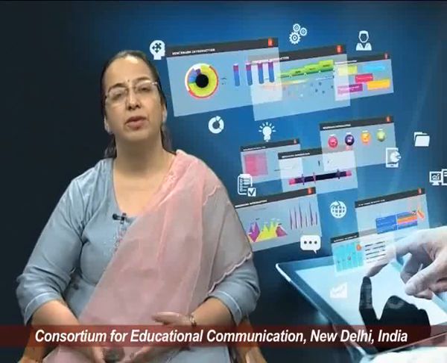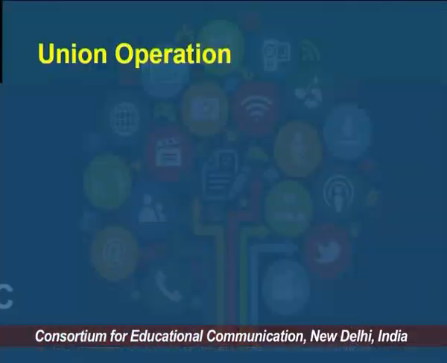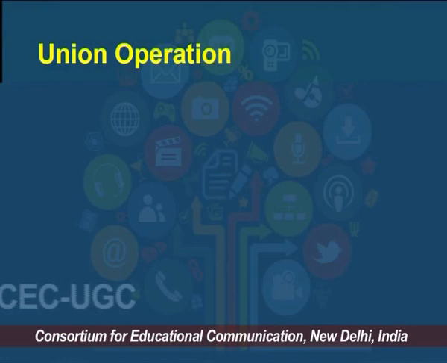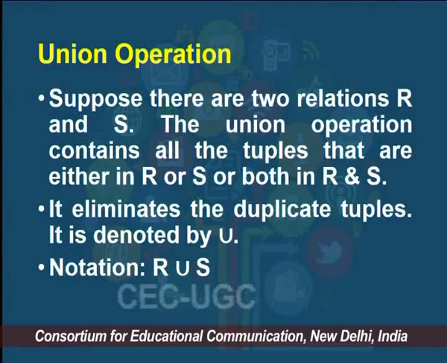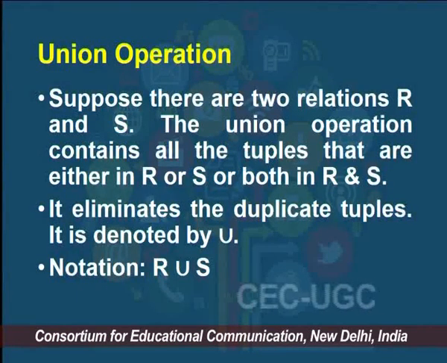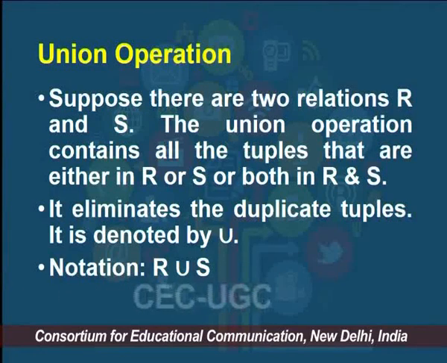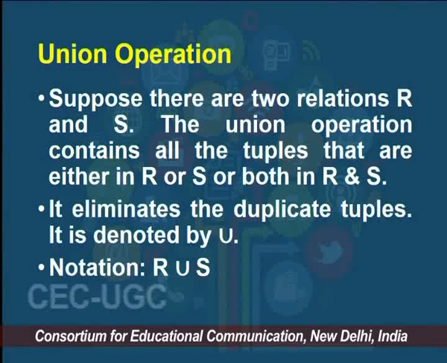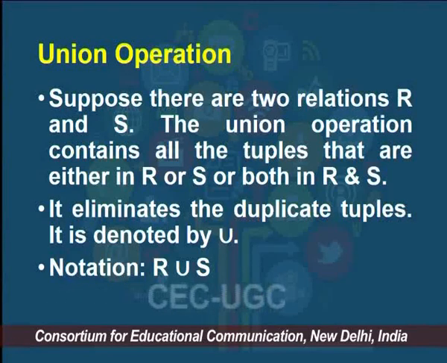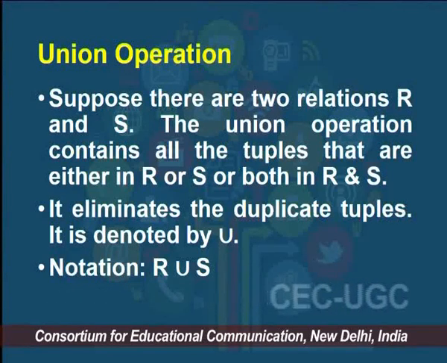Coming to the next one, the union operation. Suppose there are two relations, one named R and another named S, and some tuples are stored in them. The union operation is going to contain all the tuples that are either in R or in S or in both R and S. Please recall your normal union operation.